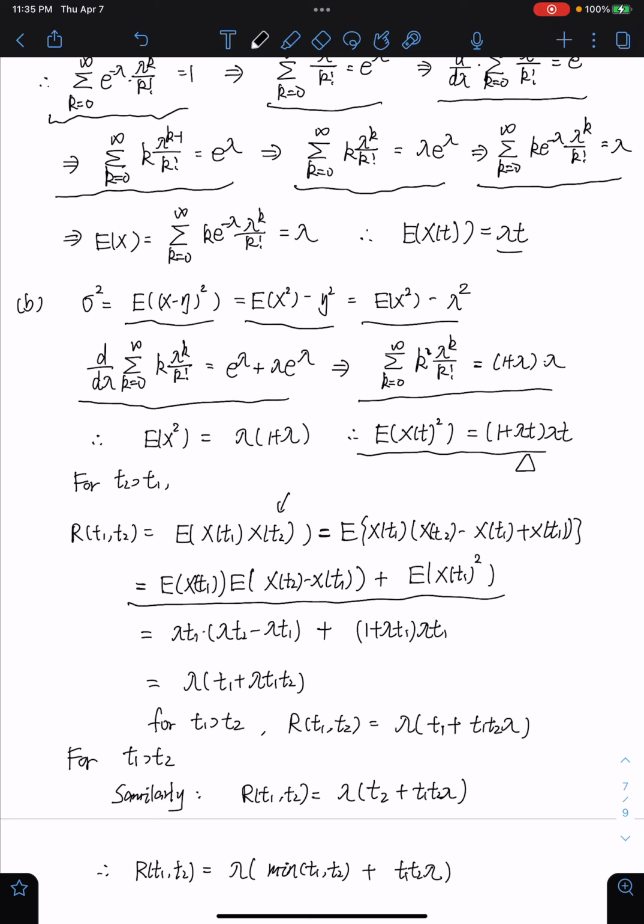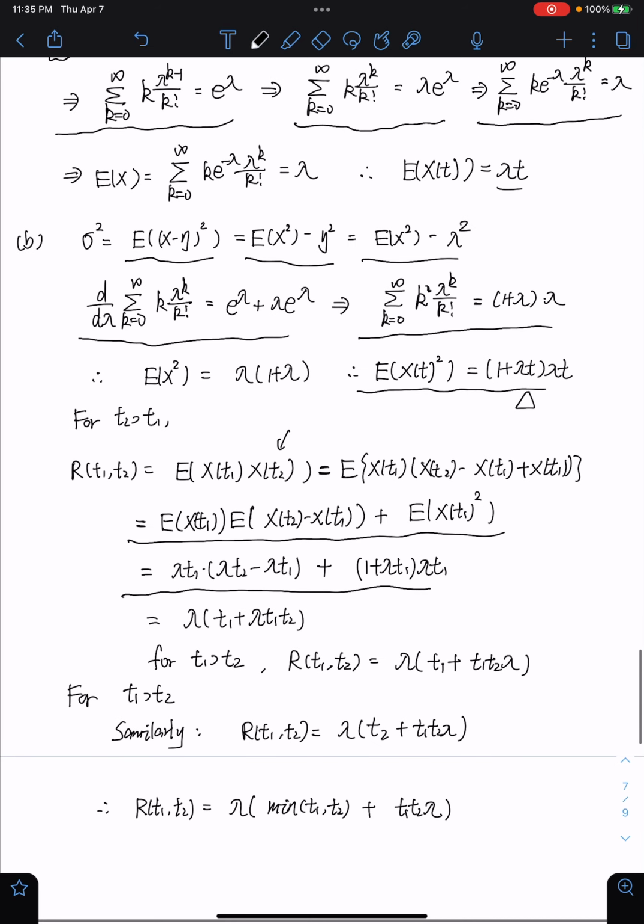Since we have the expectation of X(t1), the expectation of X(t2), and also the expectation of X(t1) squared, we simply apply t1, t2 to the equations that we solved above, and we get these equations, and then we do some simplification.